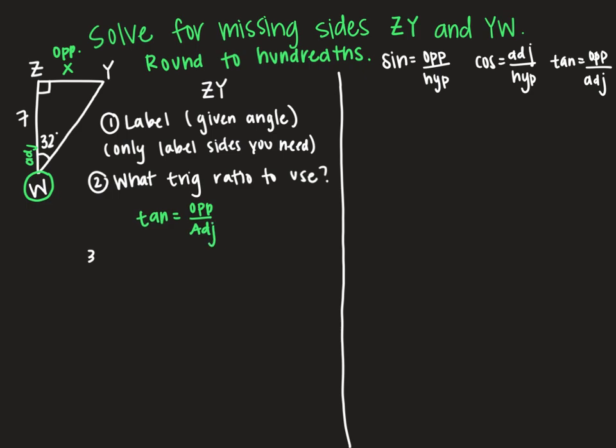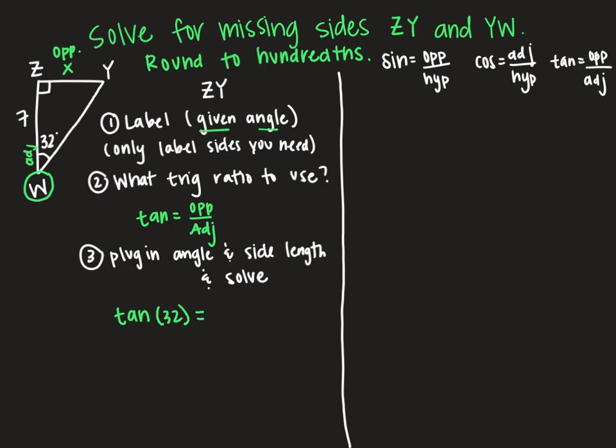Now, the last thing that you're going to do is plug in your angle and side lengths and solve. So let's plug in what I know. So tangent of my angle, which is my given angle, 32, equals my opposite side, which is x, over my adjacent side, which is 7.